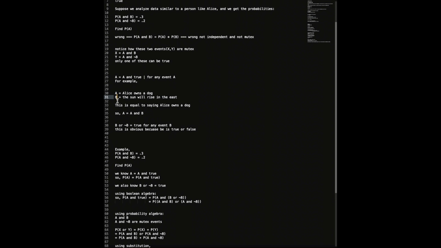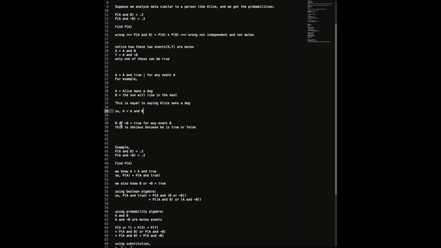So if you replace true with B, we know this is true. The sun always rises in the east. So that is the same as saying A equals A and true. If you replace true with B, the sun will rise in the east, that's the same as saying Alice owns a dog. So A equals A and B.